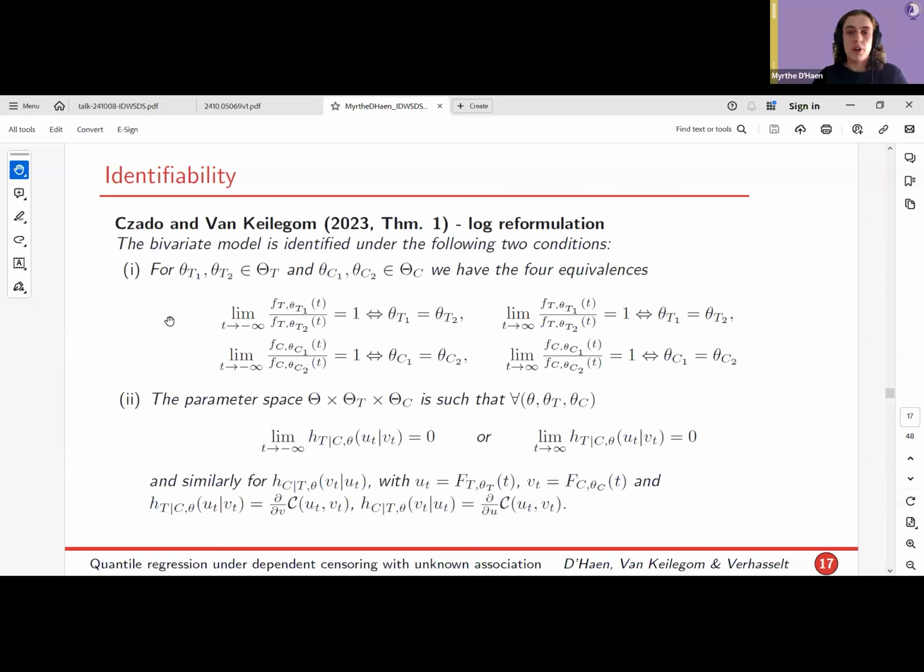But in our case, the distribution for T is actually too flexible, in a sense. So only knowing the behavior at infinity is not sufficient to identify it, and therefore we had to create an ad hoc modification of the proof.